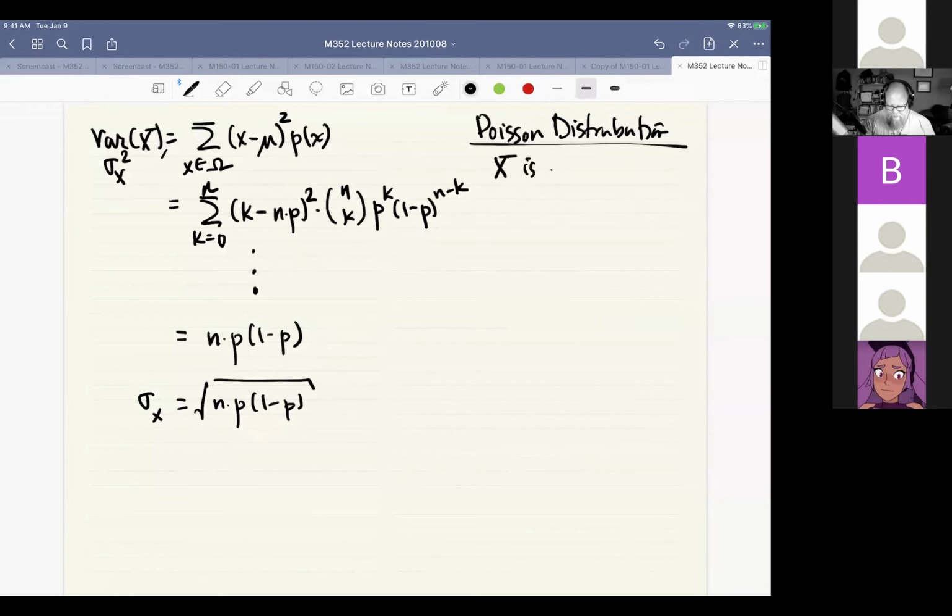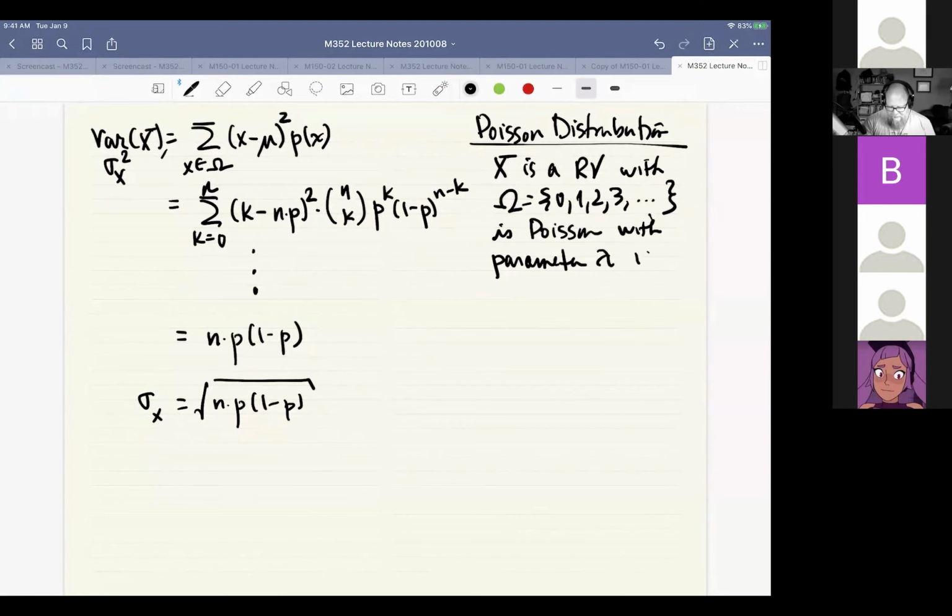So it's a distribution that goes with a random variable whose sample space is infinite. Okay. And this random variable is a Poisson random variable with parameter lambda if the probability mass function looks like this.